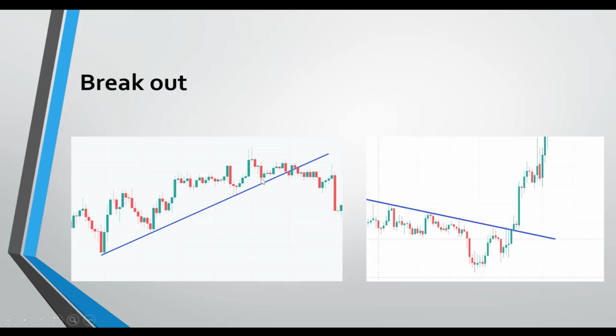But finally, at this point, this support fails and the price goes under this line and everything changes here. What does it mean? It means we have a breakout and the price is going to decrease. From this part to this part we have a bullish trend, but after the breakout we can expect a bearish trend.